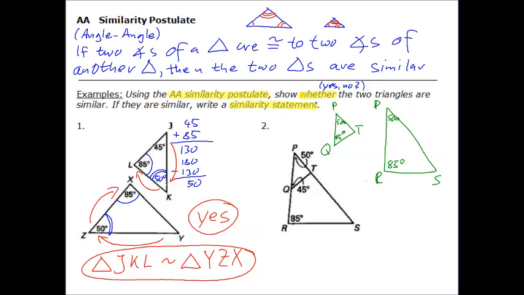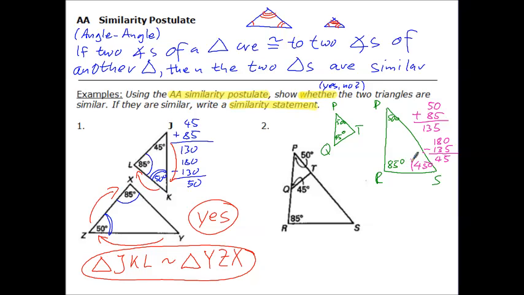Let's find the measurement of our third angle, at least one of them. 50 plus 85 is 135, and 180 minus 135 is 45. So our angle S has a measurement of 45 degrees and 45 degrees.